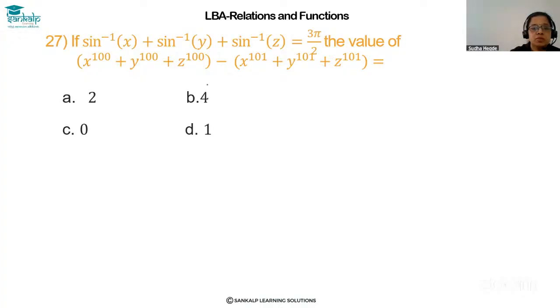Hi students, the question is if sine inverse x plus sine inverse y plus sine inverse z is equal to 3 pi by 2, the value of x power 100 plus y power 100 plus z power 100 minus, in the bracket, x power 101 plus y power 101 plus z power 101 is equal to, okay, what is given here?